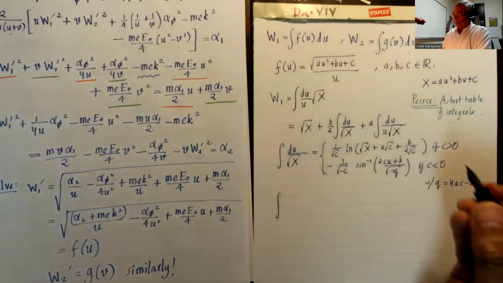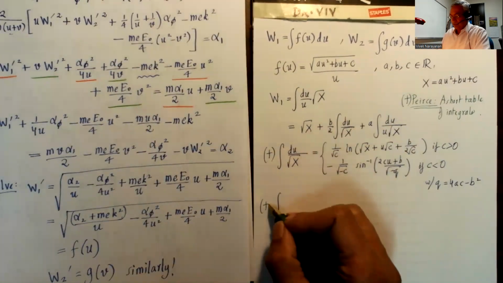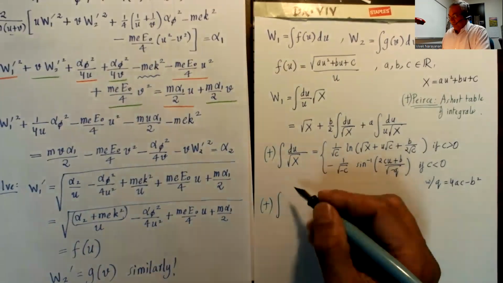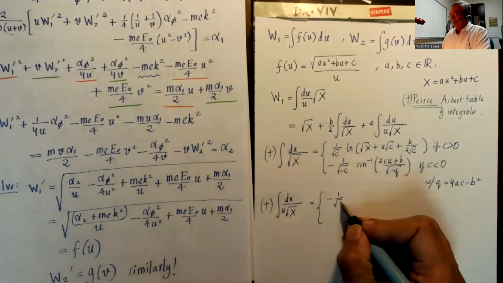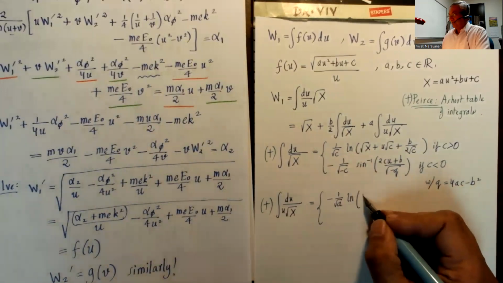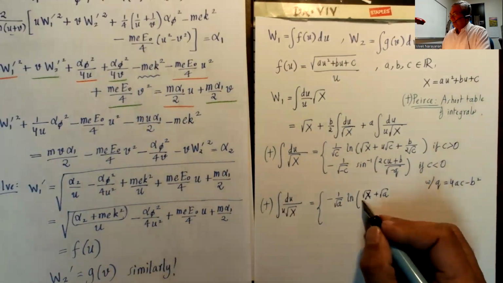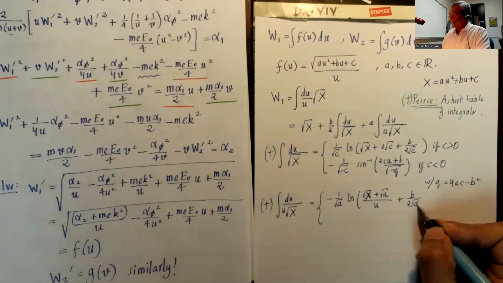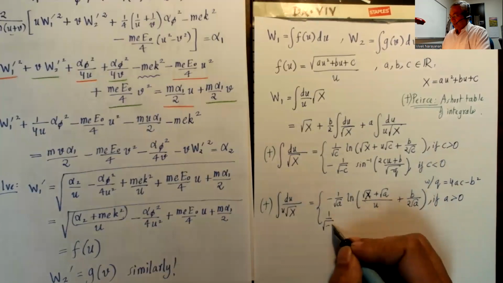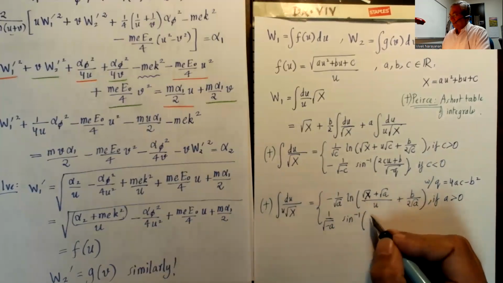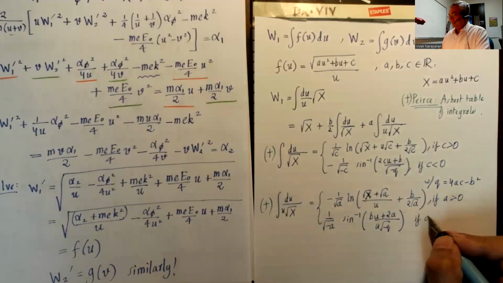Similarly, according to Peirce, and whenever I'm using the reference for Peirce, I'll put a dagger symbol, integrals of the form du over u root X are solved as follows. This is 1 over root a natural log of root X plus capital X plus root a, where capital X is that, over u plus b over 2 root a if a is bigger than 0, and 1 over the square root of negative a arc sine of b u plus 2a over u root negative q if a is less than 0.